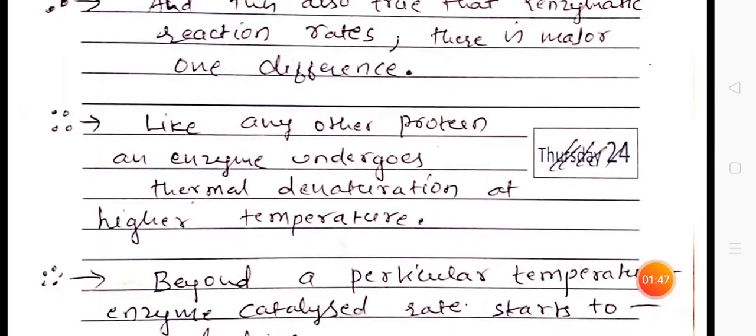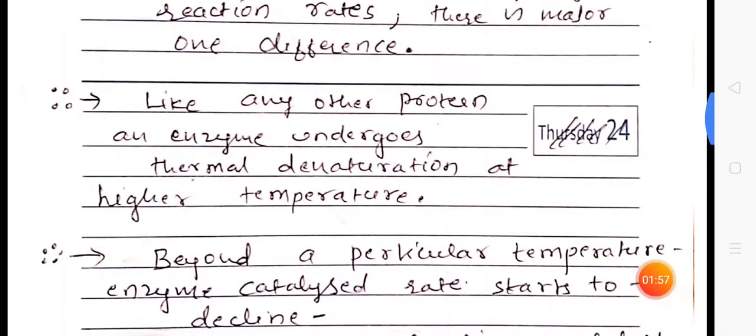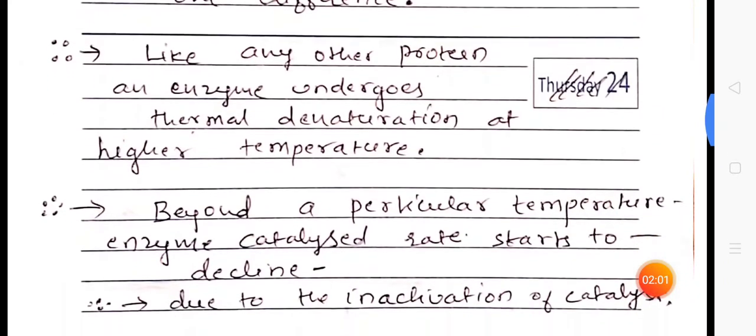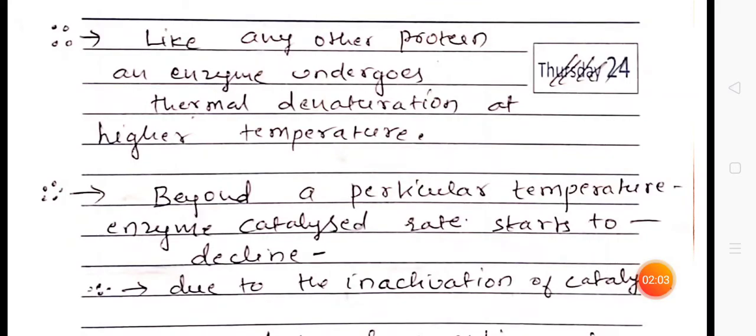Like any other protein, an enzyme undergoes thermal denaturation, and hence at higher temperatures the enzyme also undergoes denaturation. That's why every enzyme has its optimum temperature where it shows maximum activity. It is a very important point.